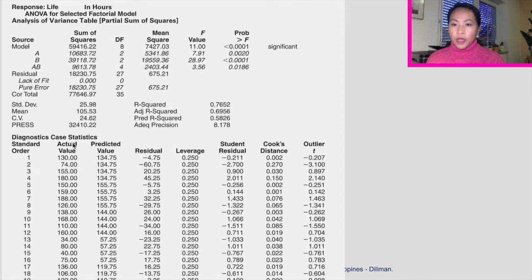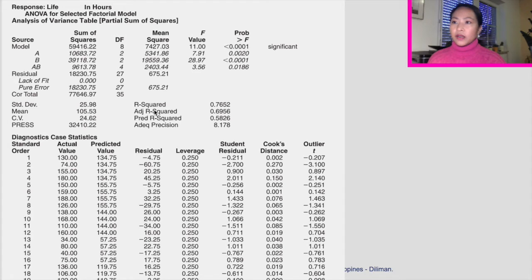Okay, and here below you can see the residuals, and here you can see also the R squared as well as the adjusted R squared. The R squared, as we have computed, is 0.7652.